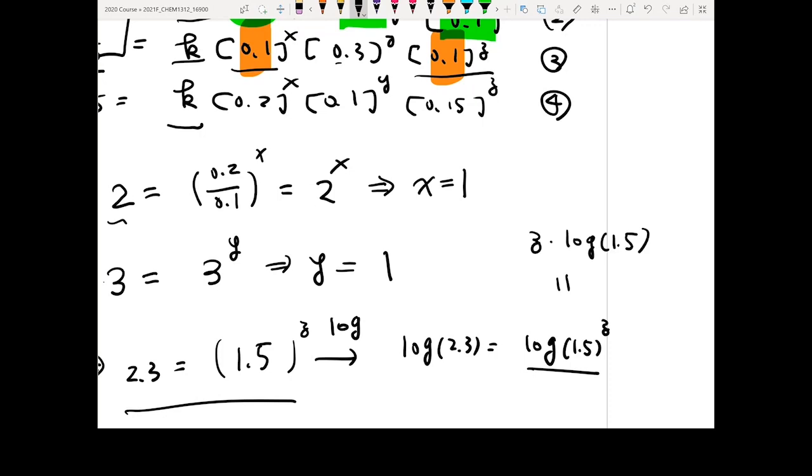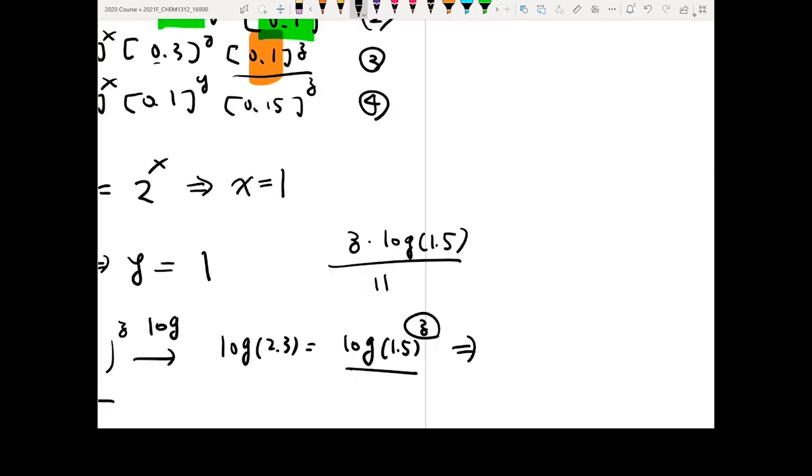Okay, so this is a mathematical transformation that you need to know. If in the log there is an exponent, you can move that in front of the log. So these are things that you should know. You can say your z can be calculated by log 2.3 over log 1.5.